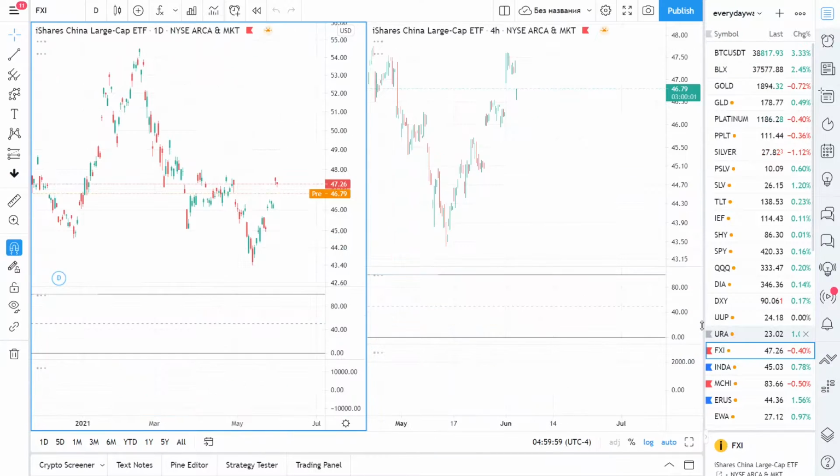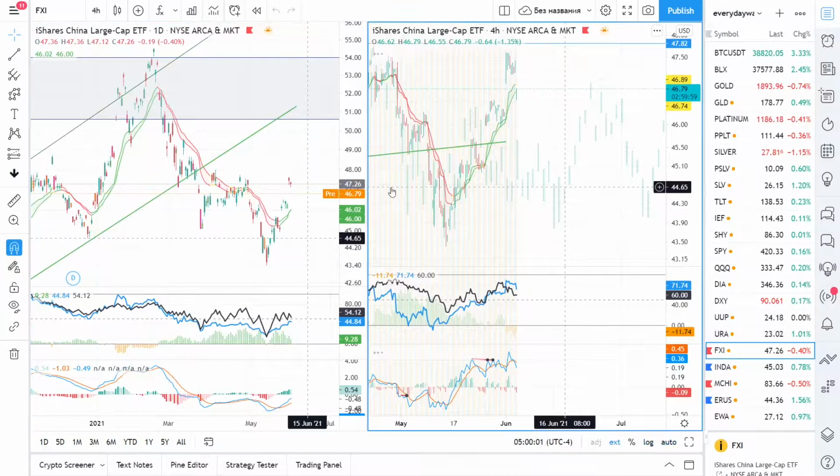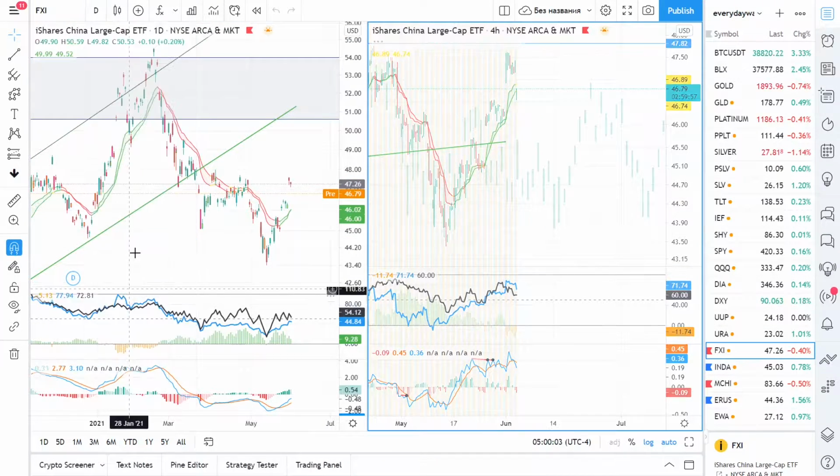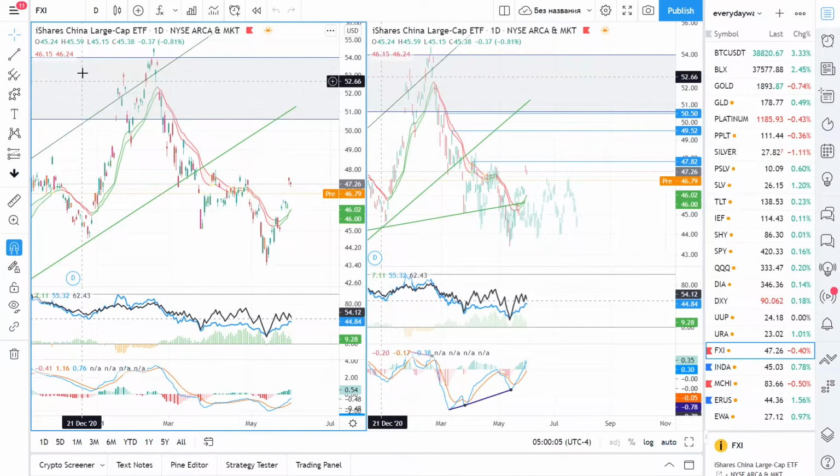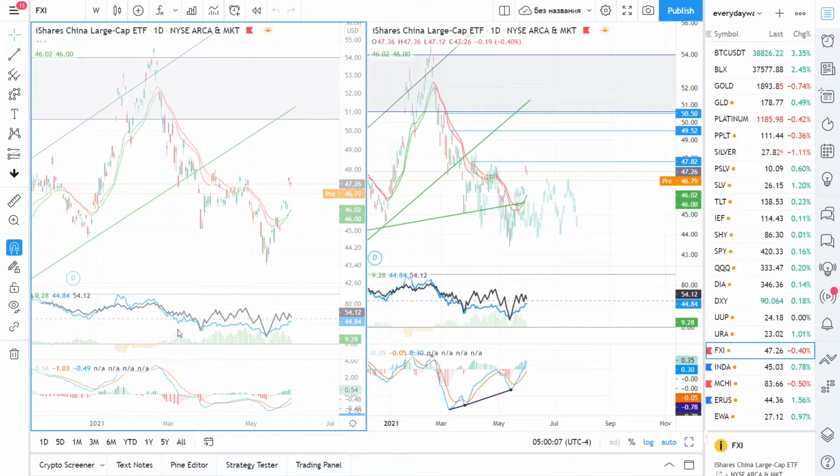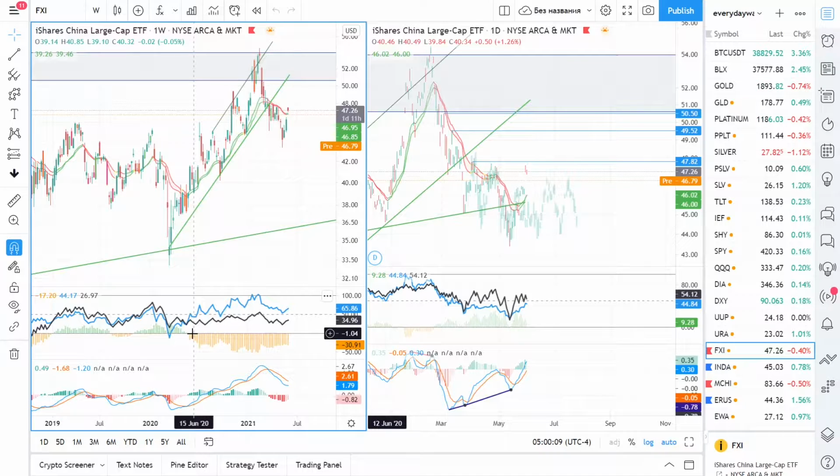So the second chart that I'm going to show you is a chart of the ticker FXY, and that is the largest ETF on China's largest caps. So that's the biggest fund that contains the biggest companies in China.